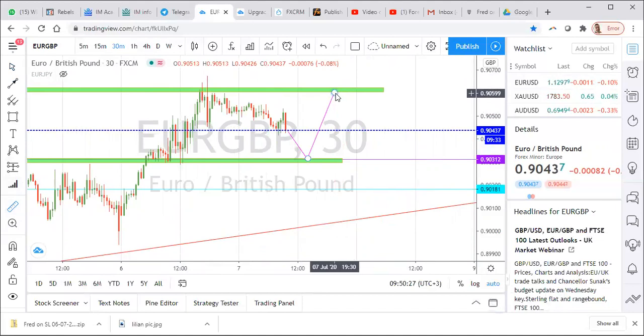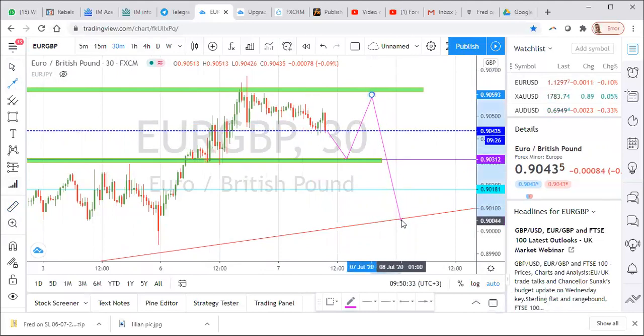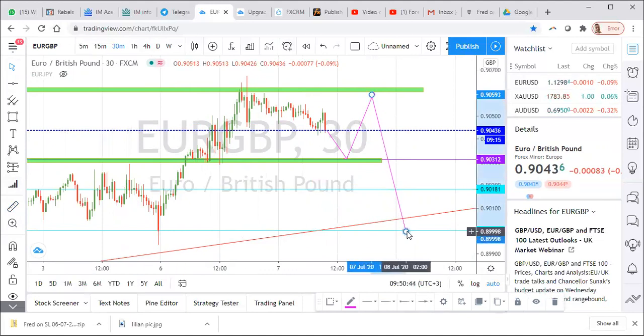So I wouldn't enter Euro GBP right now. It's not ready. I'll just let it do its thing. I would probably wait quite a bit. And this would be my take profit.